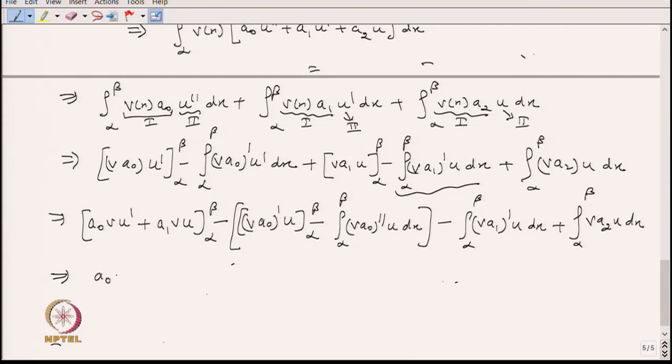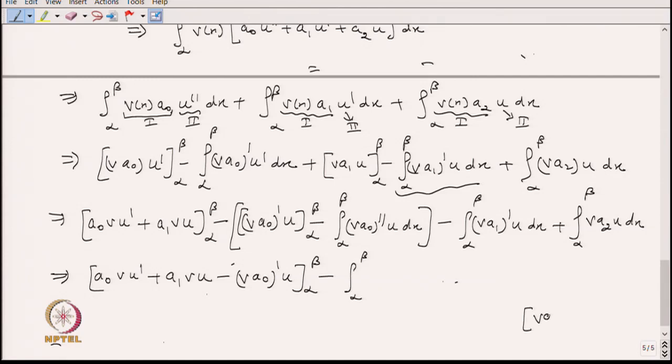So, it will be A naught v u dash plus A1 v u minus v A naught dash u, taken from alpha to beta, minus the integral from alpha to beta. What I need to do now is take the second derivative, two derivatives, of this one.